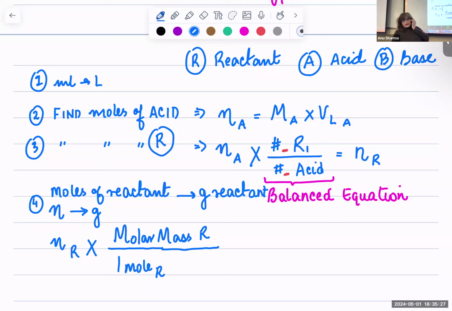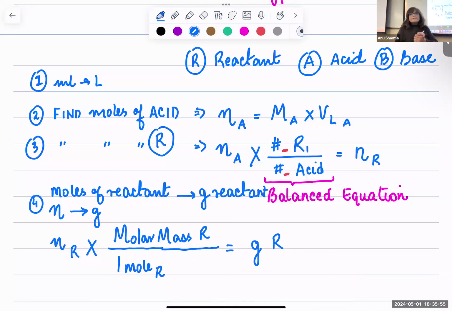So number of moles times the molar mass. This is going to give you the grams of the reactant.